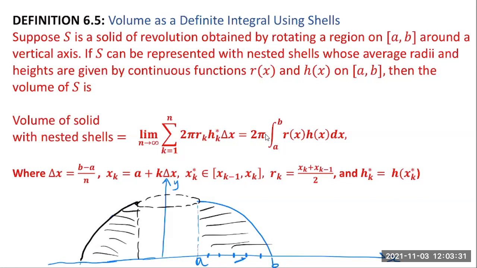This is the kth subinterval, that is xk minus 1. This point is xk. Now I'm going to construct a shell. So I'm going to take the midpoint and take the height of the shell to be this function height right here.